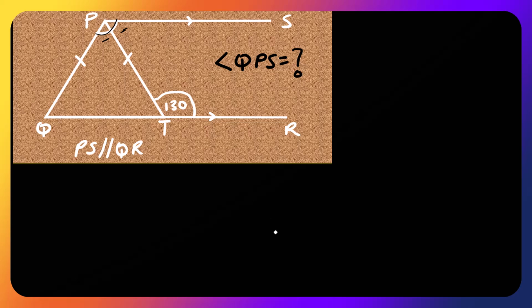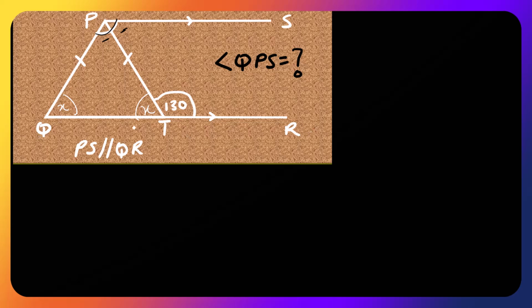So anytime you see something like this, it means this angle is the same as this angle. Not drawn to scale. All right. So because this side is equal to this side, you can let this side be x and this side be x.